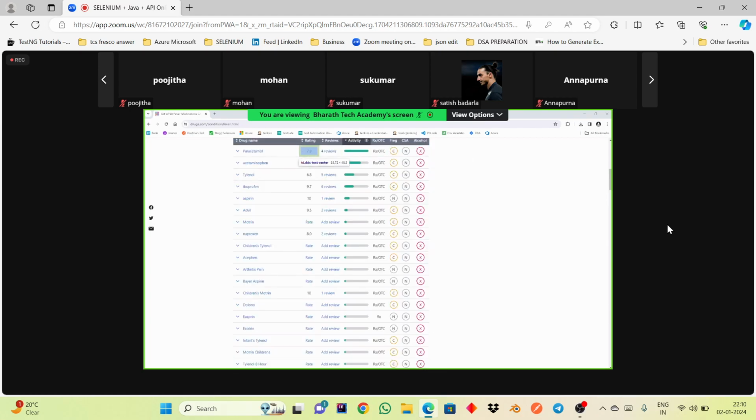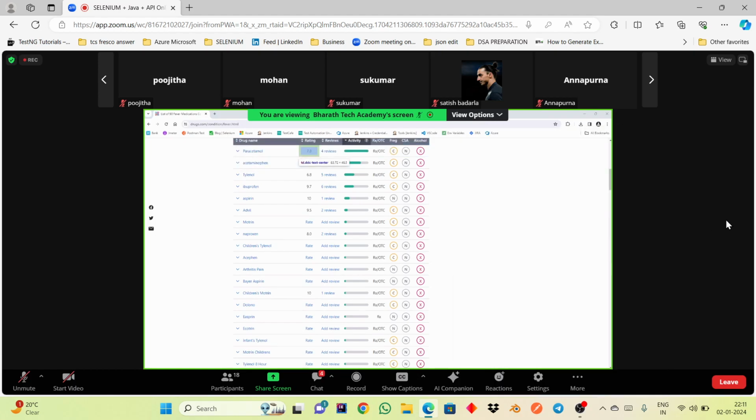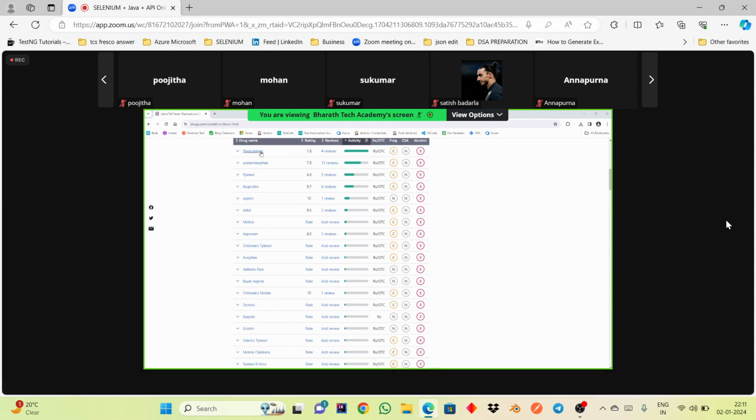Let's say now the situation is, by mistake, a developer updated a wrong tablet name on this website. Wrong, so paracetamol instead of paracetamol. This is the example I tell most of the time. It's a similar name, just a small spelling mistake. From a software tester's or developer's side, this is only a small spelling mistake.